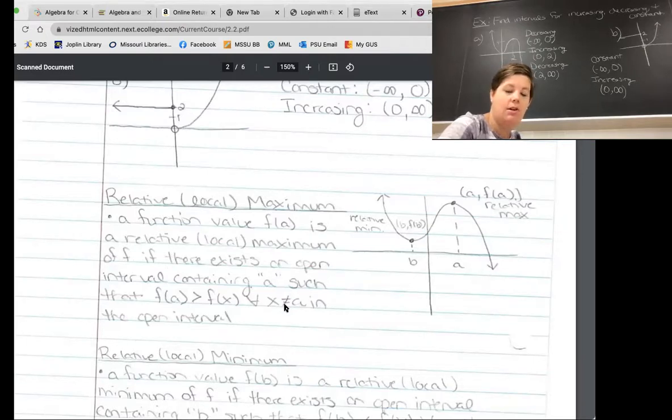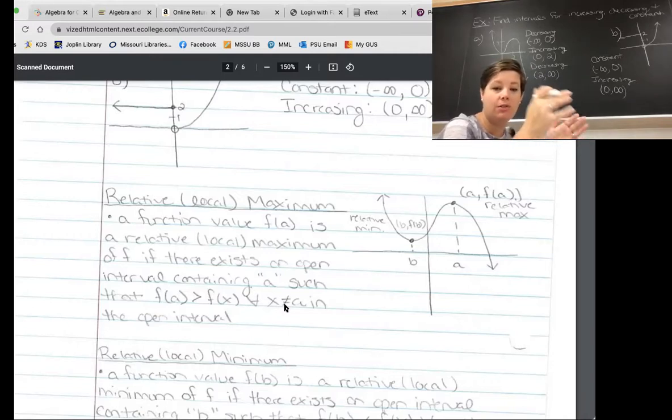AKA, is there an area around the highest point on your graph that you can look at that all of the y's are smaller than that one value? If so, then you have a relative maximum.